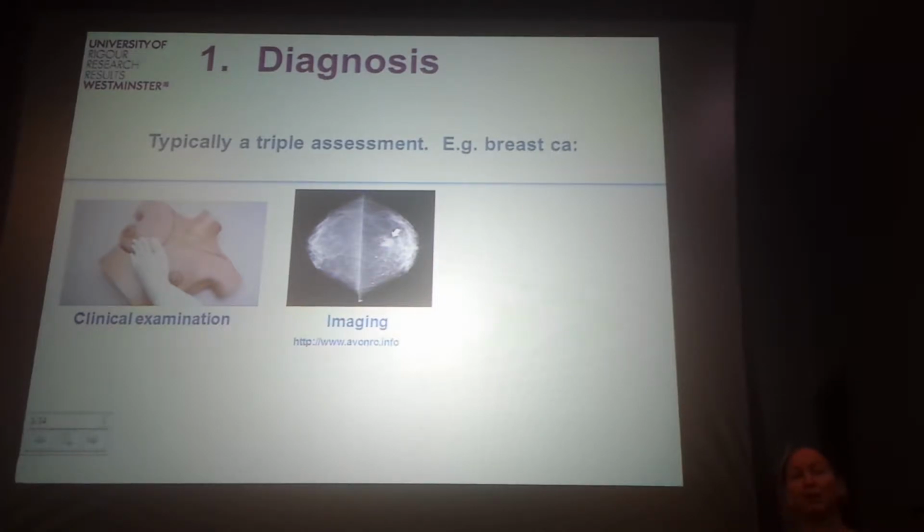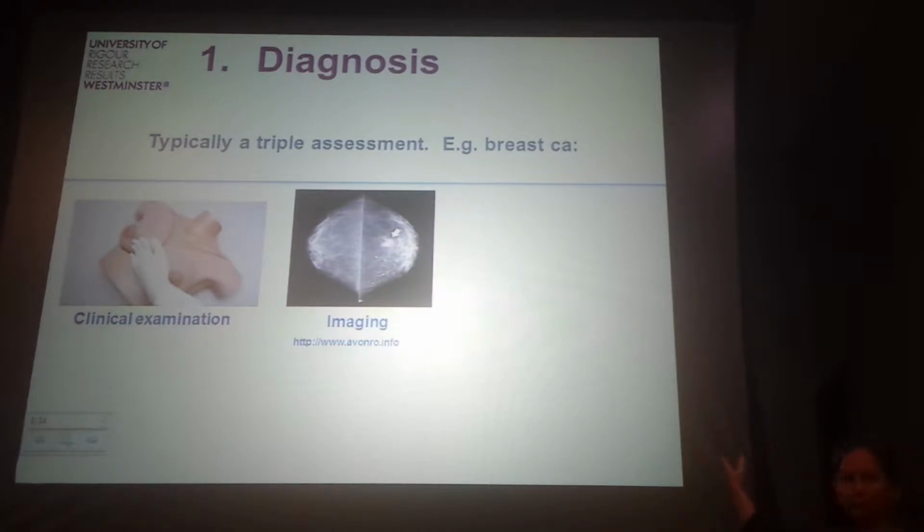Now, some of you who may be old enough to know, or whose mothers or aunts or sisters have been called for screening, may then have imaging, and they may be totally asymptomatic. In other words, they have no symptoms, but they have some imaging, which then pushes them to the left of that slide towards clinical examination.